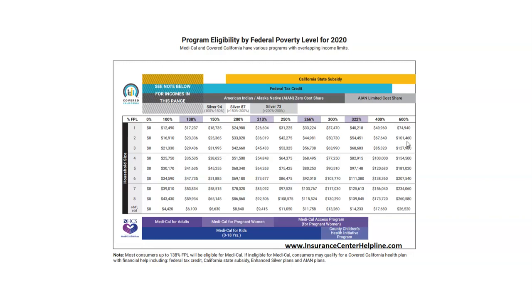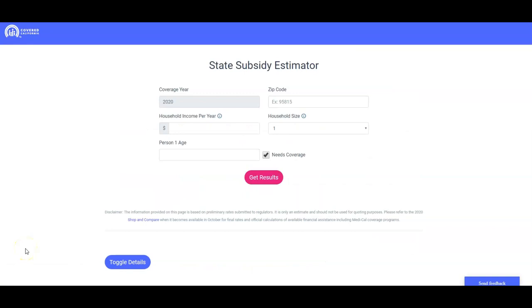Now let's just look at an example, and for this I will need to open the calculator. So here's the calculator, and before I proceed with the example, I just wanted to mention one thing: receiving state subsidy depends on the difference between two numbers, maximum contribution and benchmark premium.